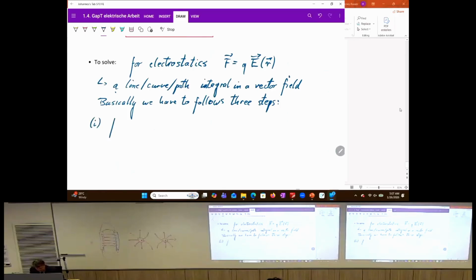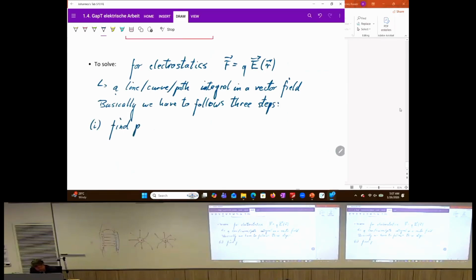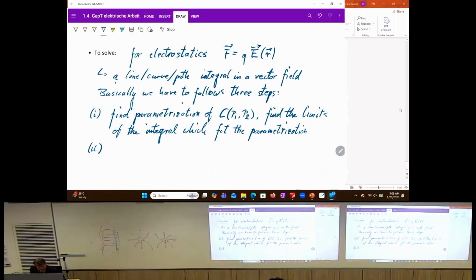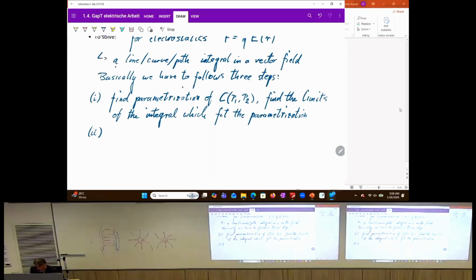Step 1 was to find the parametrization of the curve C from P1 to P2. We have to find the limits of the integral, fitting the parametrization, because as we parameterize it, of course, the limits have to be adjusted too. That was the first step. The second one is to parameterize the field accordingly.